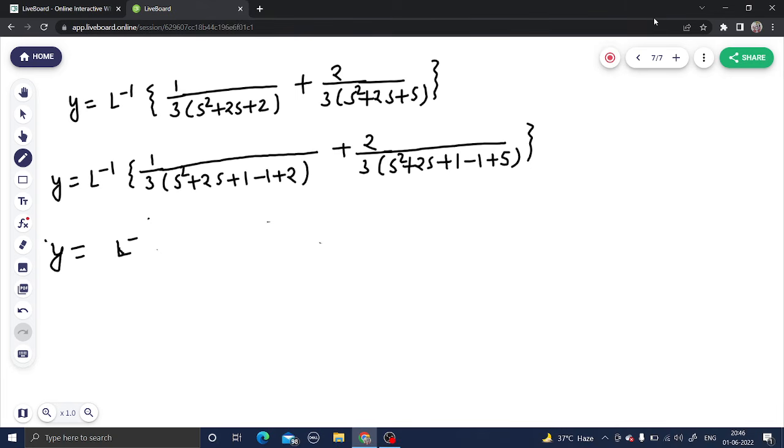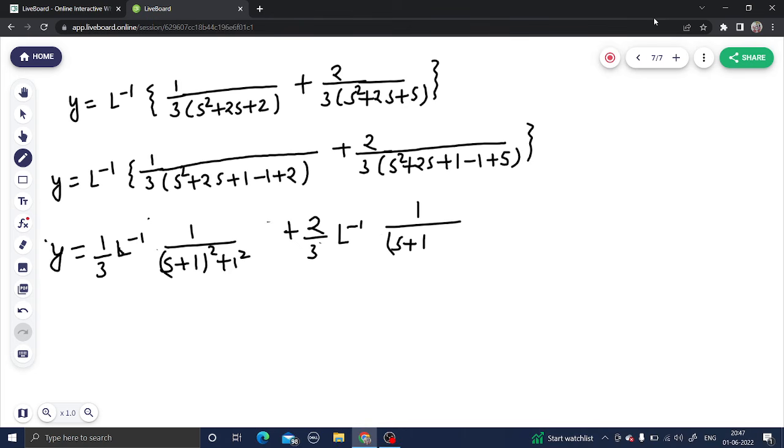First one, Laplace inverse of 1 by 3 I have taken out. So this was coming out to be s plus 1 whole square plus 1 square, plus 2 by 3 Laplace inverse of 1 upon s plus 1 whole square again, and 5 minus 1 is 4, which is 2 square. Okay, fine.